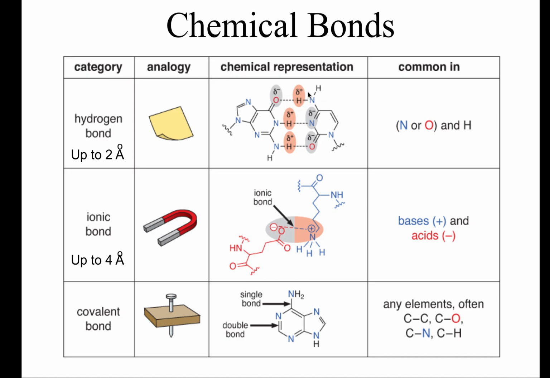And this partial negative and partial positive will tend to attract each other. This is usually oxygen bound to another molecule will have a partial negative or partial positive charge. For example, oxygen in water, H2O, oxygen is very negative and the hydrogens are very positive.